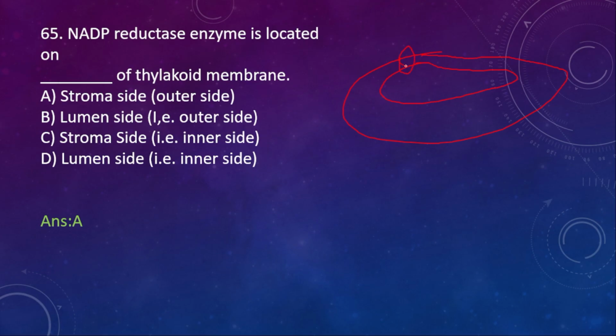Please excuse me for this. This is PS2 and then this one is PS1. Whatever the electron is excited, they will be moved like this next to the PS1 and next last here. Here there will be a NADP reductase, which is the enzyme to form NADPH plus H plus. Okay, that's the answer, stromal side.